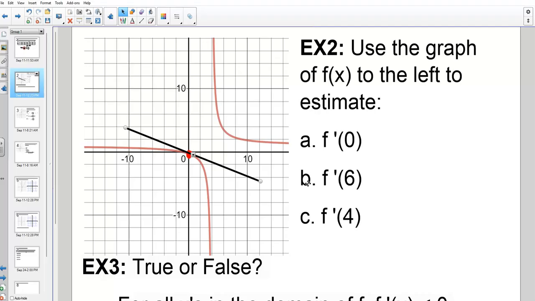So if you're estimating slope of a tangent line here, you just want to find the points that are closest to grid lines here. So like that one right there is just about on it. And I'd probably go down here maybe. That's pretty close. Estimate, it'll be fine. All right.